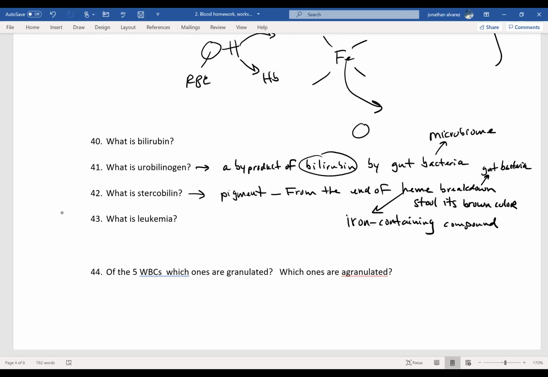So you have a heme plus a protein, such as hemoglobin. Hemoglobin is a protein.